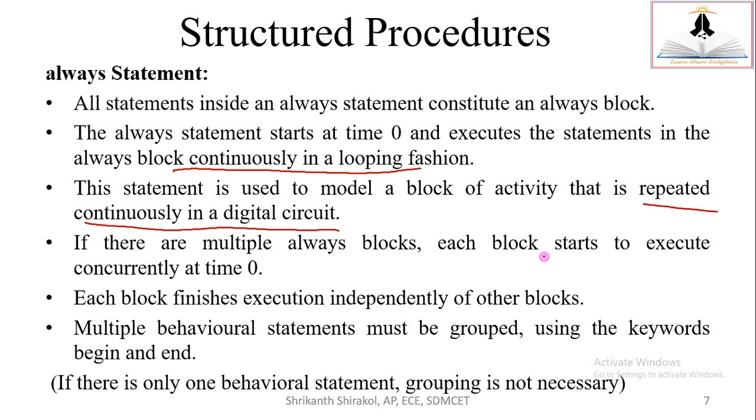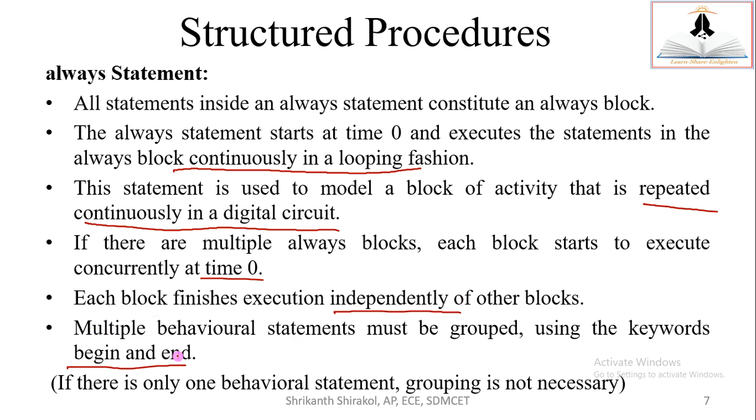If there are multiple always blocks, each block starts to execute concurrently at 0, same thing as the initial block. If there are multiple statements called always 1, always 2, always 3, every always block starts at 0 simulation time. Each block finishes execution independently, same as the initial block. Multiple behavioral statements must be grouped using the keywords begin and end.